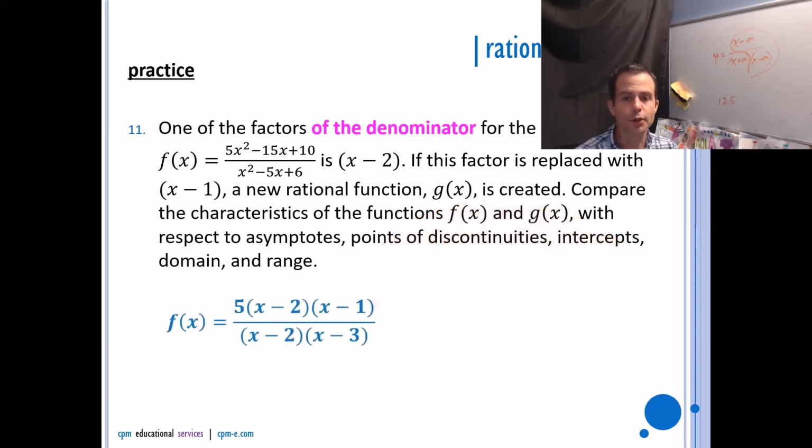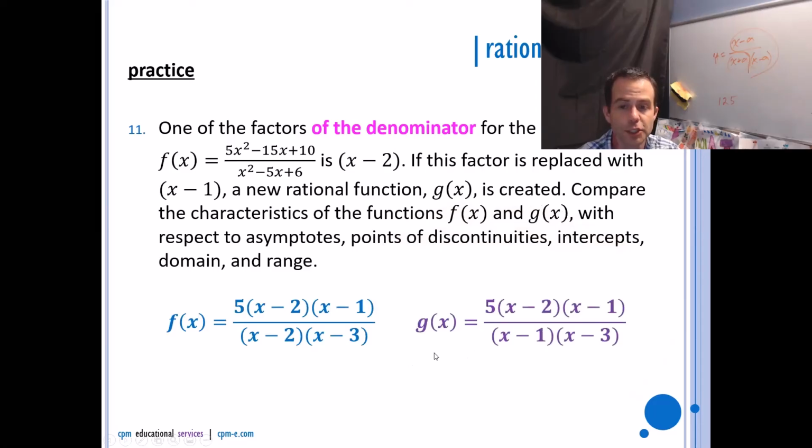Okay, so I have the factored form of f of x, and then it says we are going to replace the x minus 2 with x minus 1, which means g of x is going to look like this. So I replaced the x minus 2 in the denominator with x minus 1, and now I want to compare all that's happening.